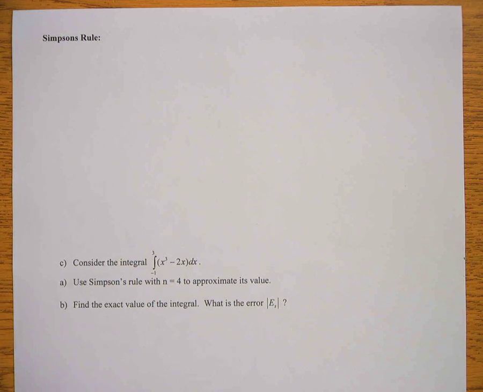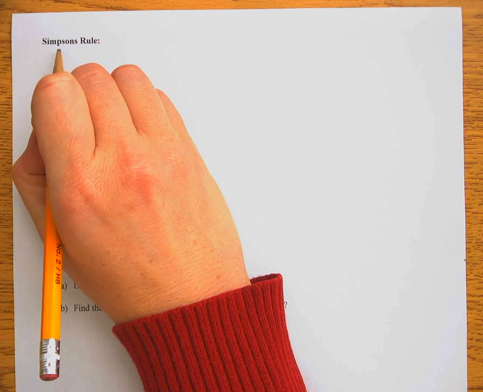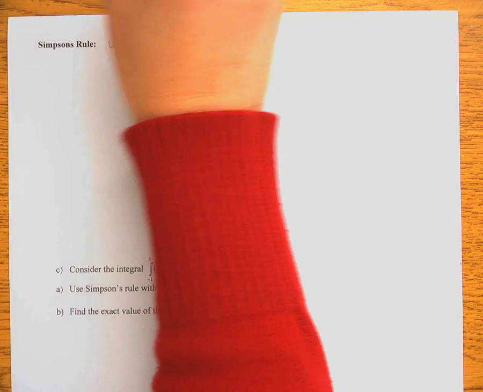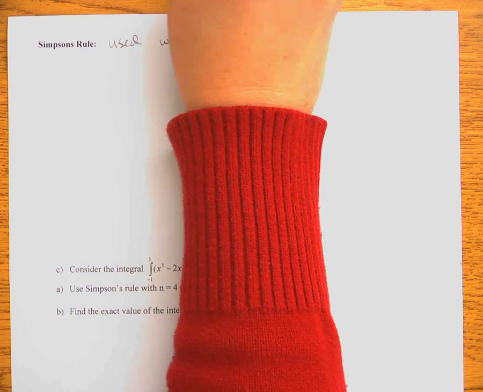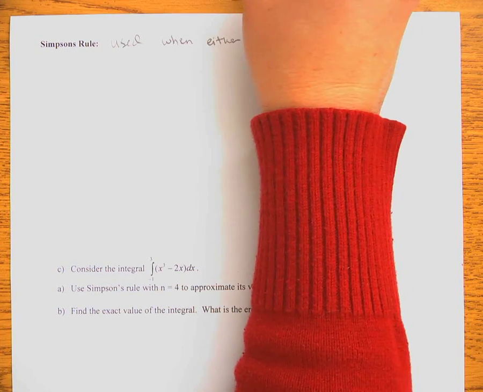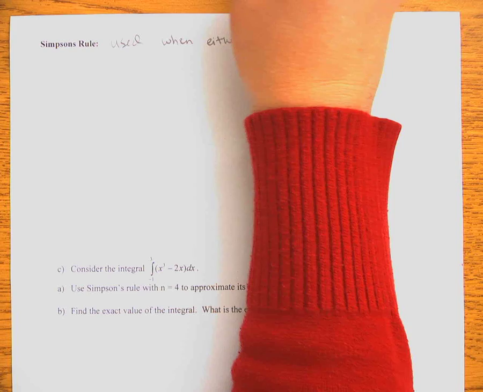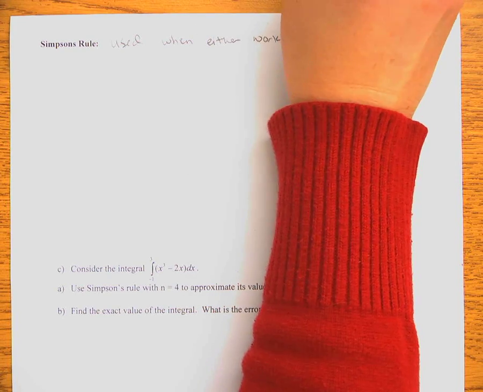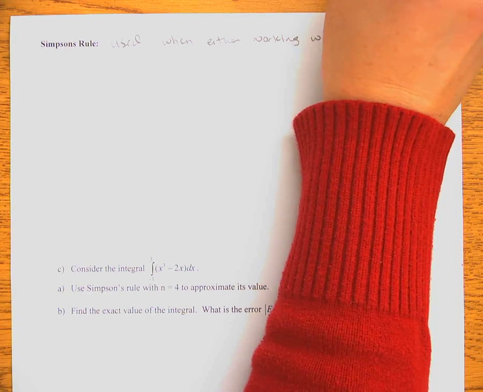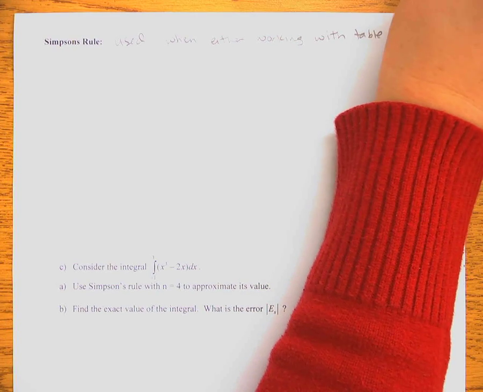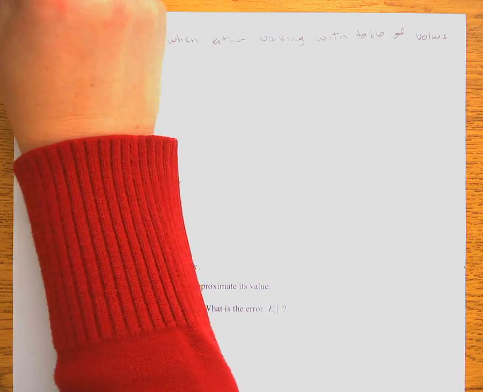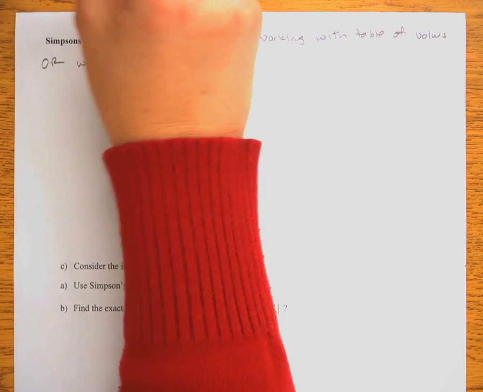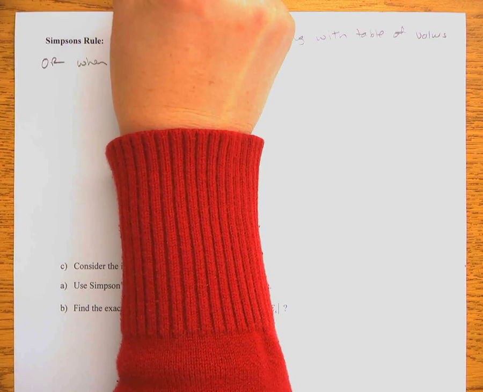So like trapezoidal rule and rectangular approximation rule, Simpson's rule is used when either we're working with a table of values instead of a function, or we might be working with a function that doesn't have an antiderivative, or when an antiderivative does not exist.